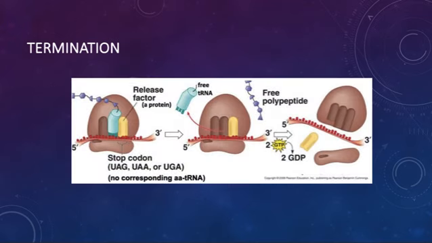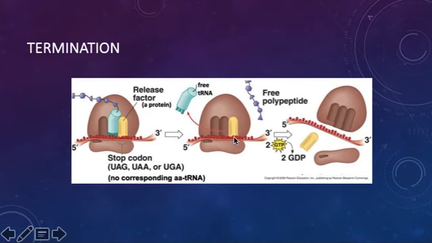So as you can see in this diagram, when there is no corresponding amino acid tRNA, the stop codons are identified, UAG, UAA or UGA, right? And there is the releasing factor, as you can see here, that binds to the stop codon. What happens? The free tRNA or the deacylated tRNA is released.